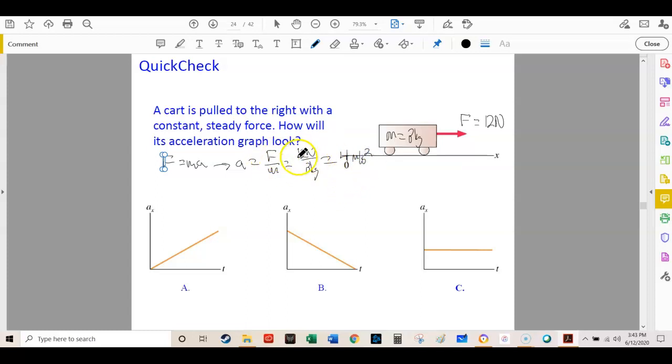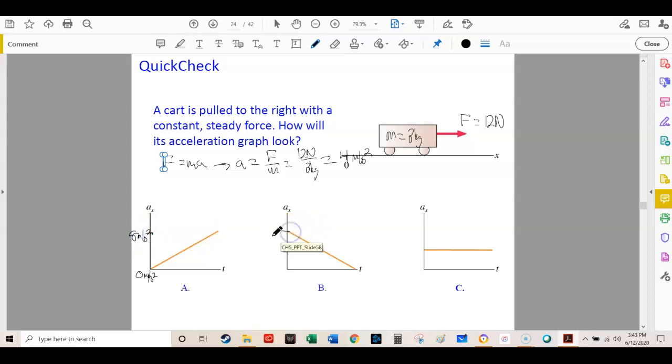And since force is not changing and mass is not changing, the acceleration should not change as well, right? This one is showing a 0 acceleration here, and then it goes up to something like 8 meters per second squared, right?